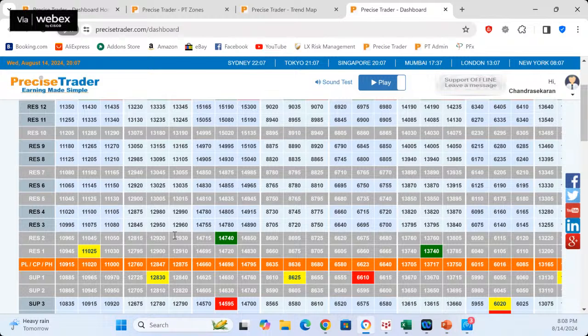If we get stopped out, then we do a re-entry so that we try to get back the loss we have incurred. At least we try to end the day at break even, and this is what we do day in day out, especially when news trading happens, because we can't afford to lose money unnecessarily. At the same time, when there is an opportunity, we try to grab it.